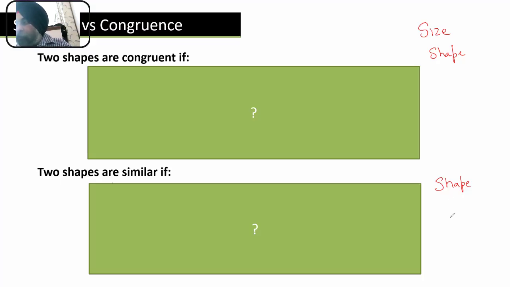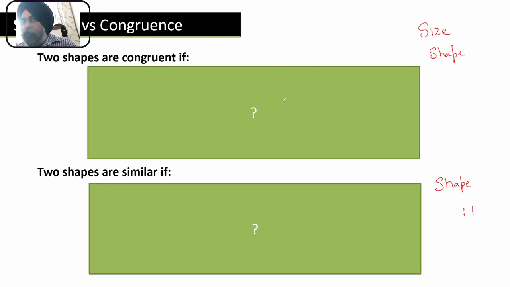If we have two things which are replicas of each other, they are still similar, and the similarity proportion between these two will be 1:1 only. But if the two things are in some ratio other than 1:1, then they will not be congruent, but they will be similar.